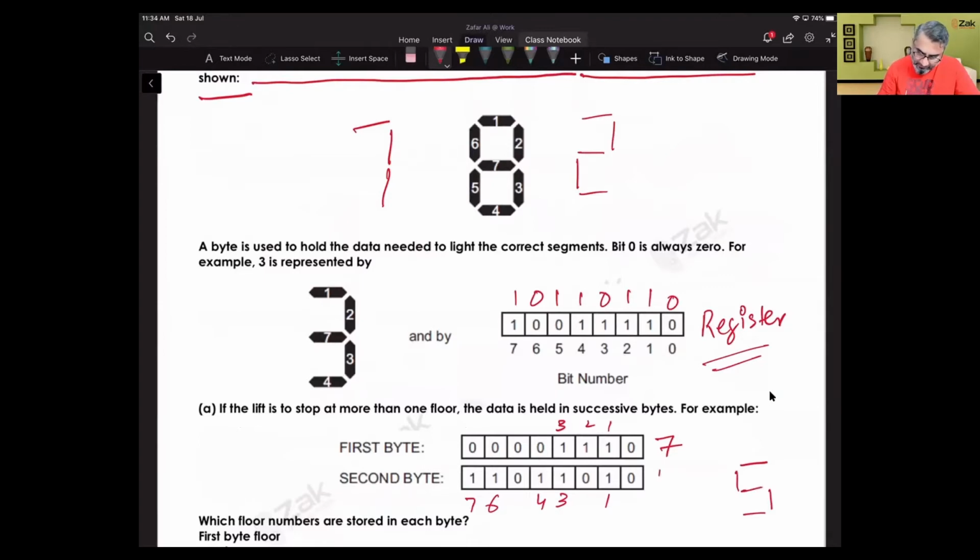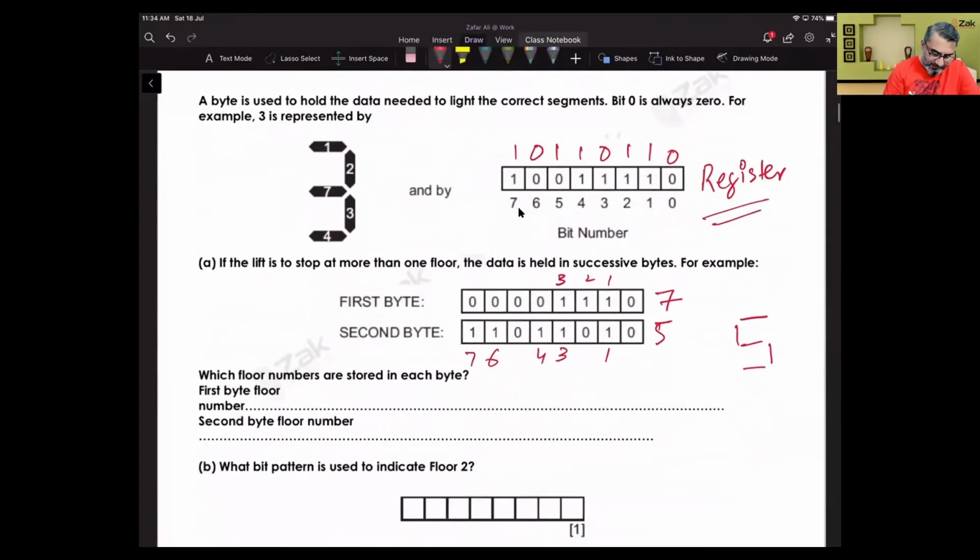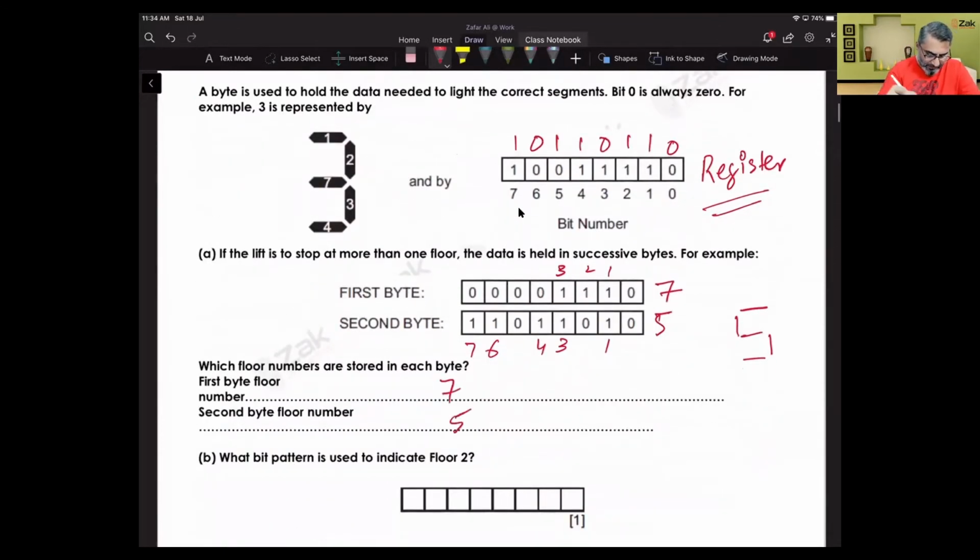So this is 5. Get the idea? That is how the computer is using this particular register to create digits out of this 7 segment display. So this is 7, this is 5.